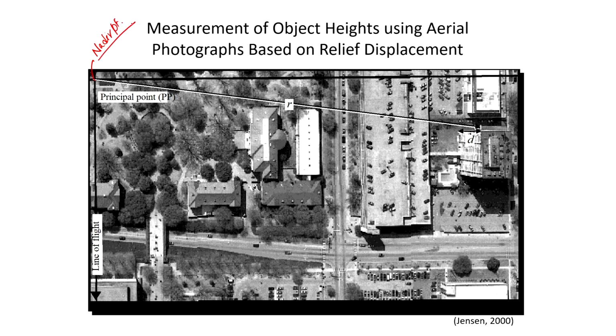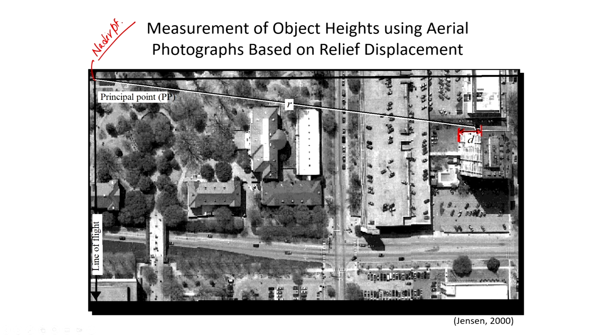As you move away from the center, you will see a sort of distortion, not exactly distortion, but the object will be seen inclined. From the photograph you can see this is the building top and this is the base of the building. This height is not the true height of the building.